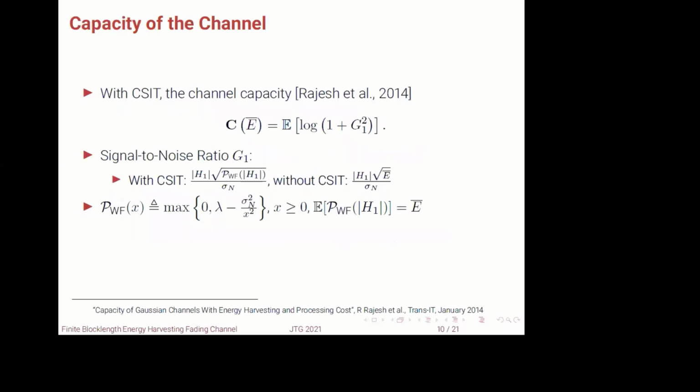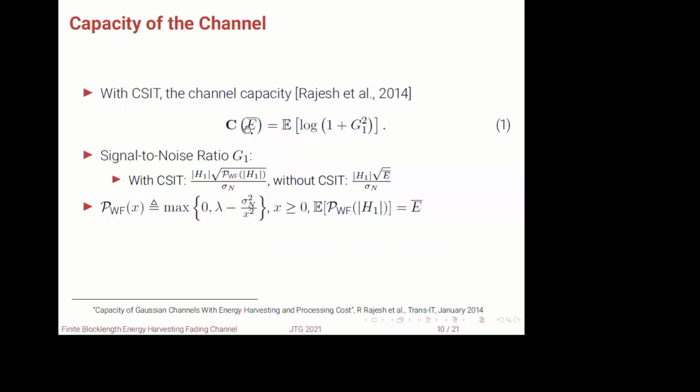Before we present our results, we'll note what the capacity of the channel is. With CSIT, the channel capacity for this channel is given by this expression. It resembles the capacity expression for a canonical setting with an average power constraint. The only difference is that, instead of the average power constraint, the expression is evaluated for an average harvested energy constraint.